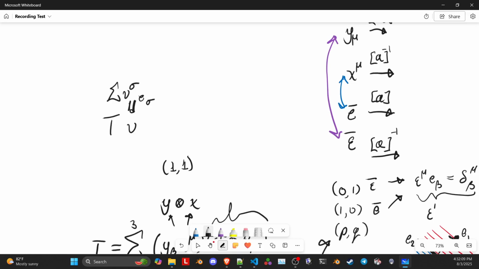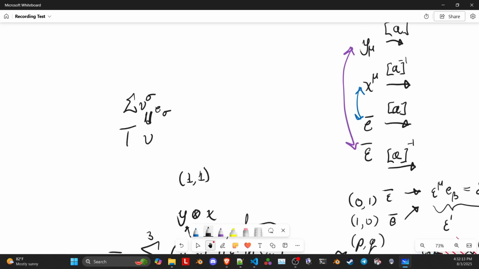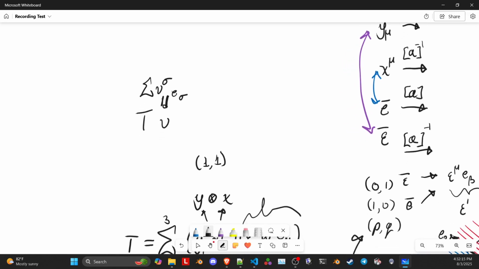Well, just like these dual vectors epsilon were linear functions on the E's, we can let T act linearly on V and split across the sums, and these V's factor out. So we can look at a single component of this sum. Let's say the V0 part. Well, the V0 factors out, and we really just have it acting on E0.